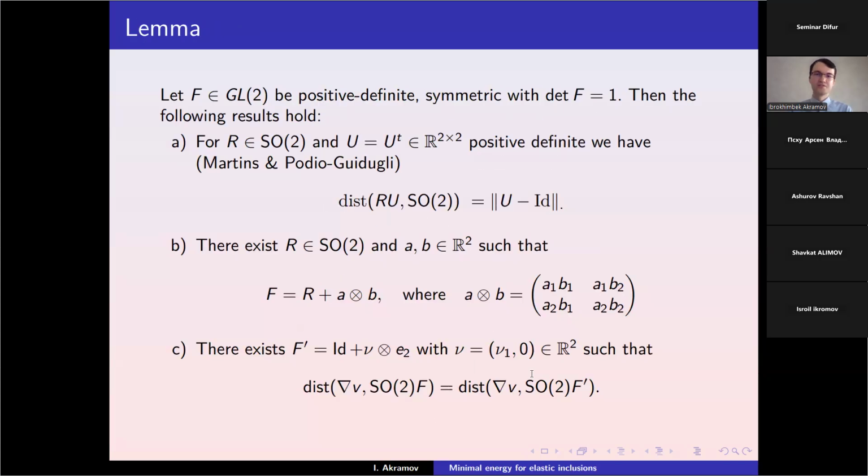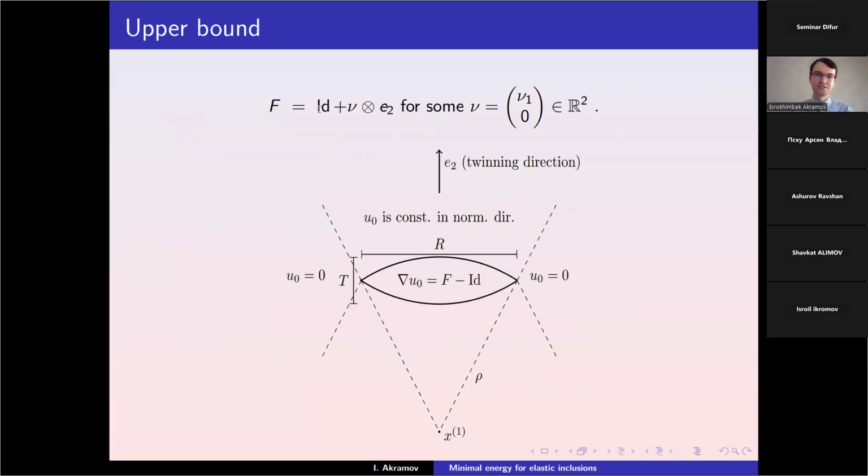Then with the help of B and C, we can replace our F for the upper bound as identity plus nu tensor product e2 for some nu equal to nu1, 0 in R2.